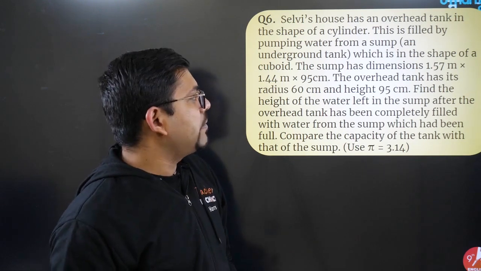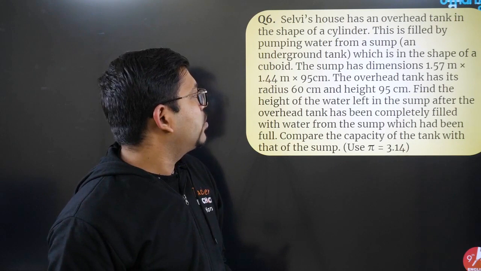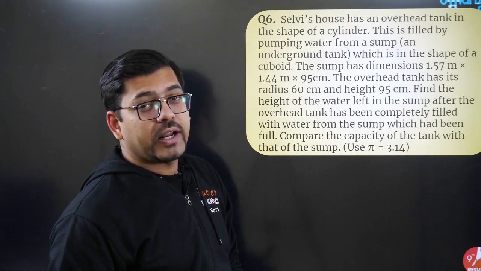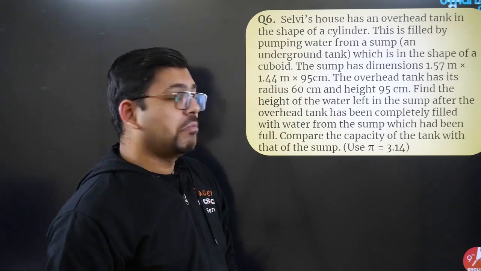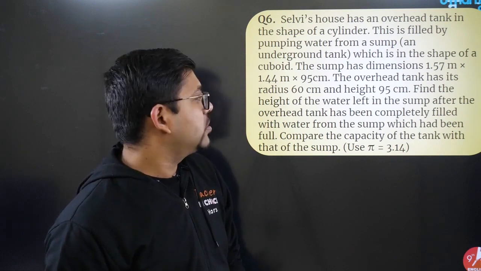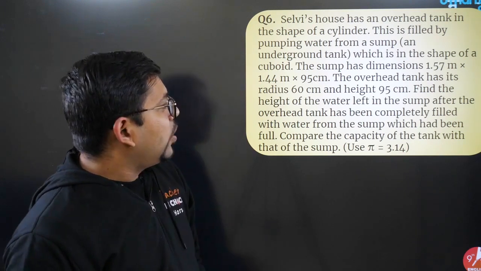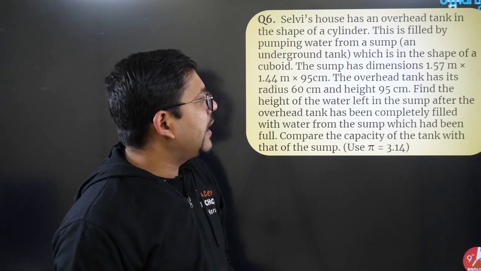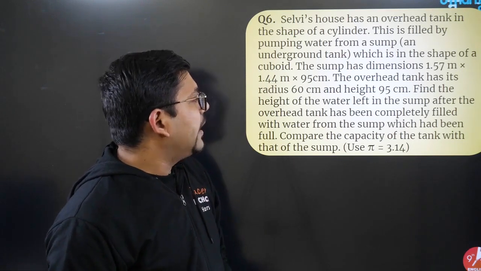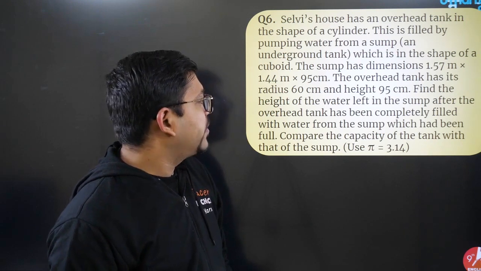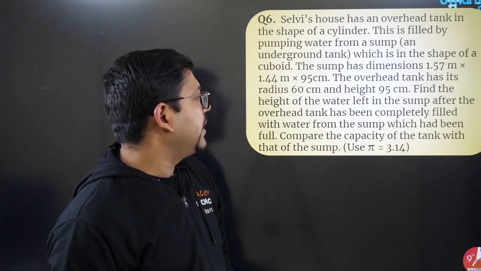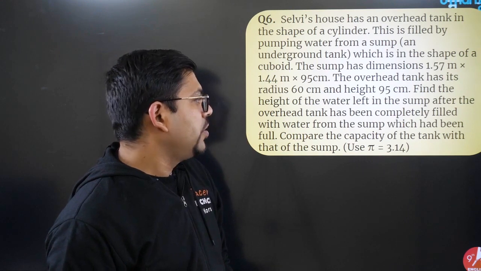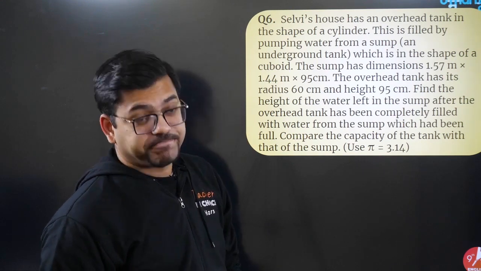The sump has dimensions 1.57 meter into 1.44 meter into 95 centimeter. Man, who gives this type of dimension? Anyways, the overhead tank has radius 60 centimeter and height this. Find the height of water left in the sump after the overhead tank has been completely filled with water from the sump, which had been full.